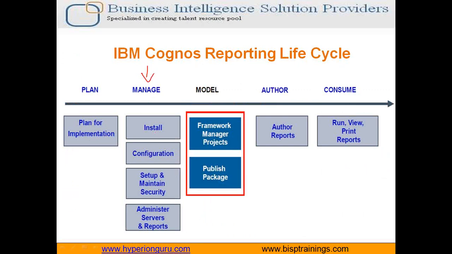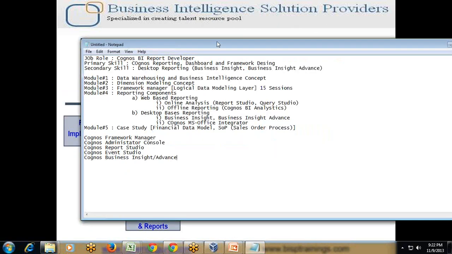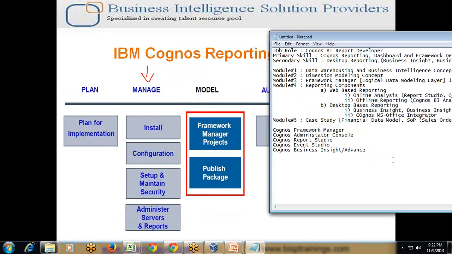In manage you address some of the basic questions like how many base users and target users you have, what is your backup strategy, what is the frequency of data refresh. So installation of Cognos, including installation of your server, is influenced by these decisions: the number of base users, how many users you have for your reporting system, the number of concurrent users and base users.